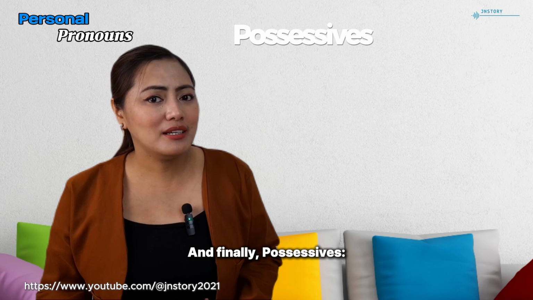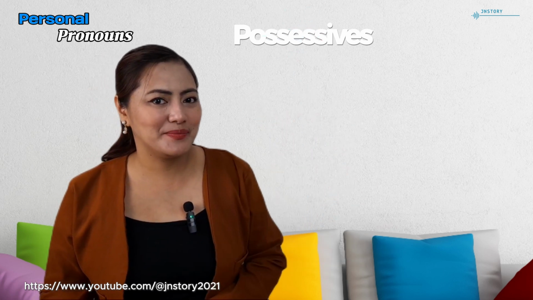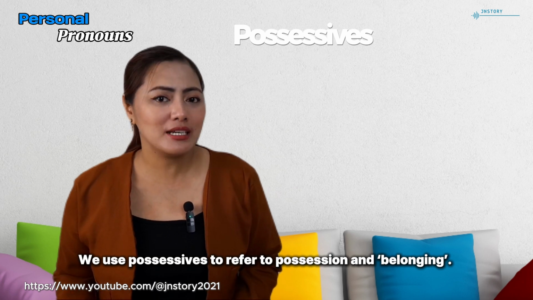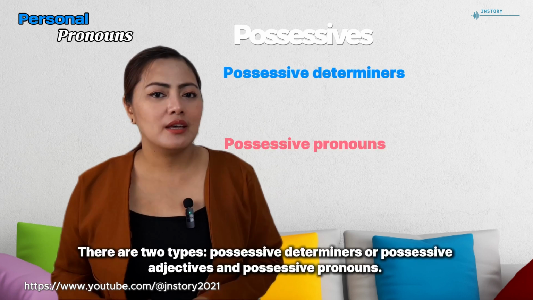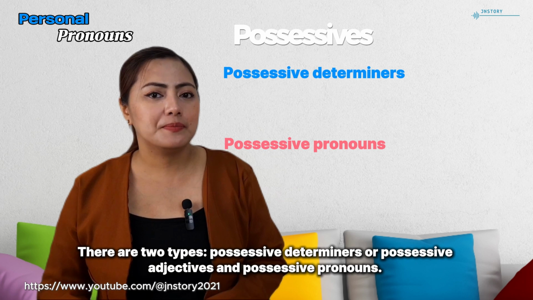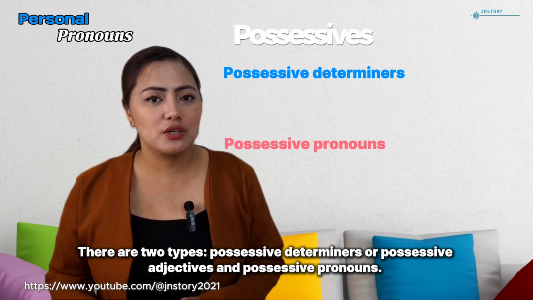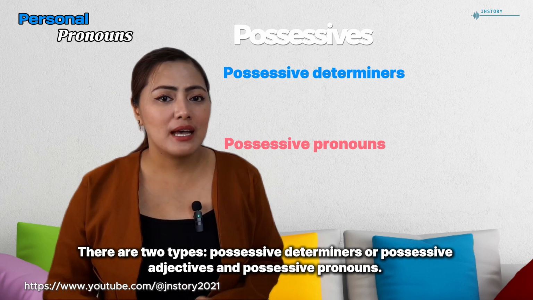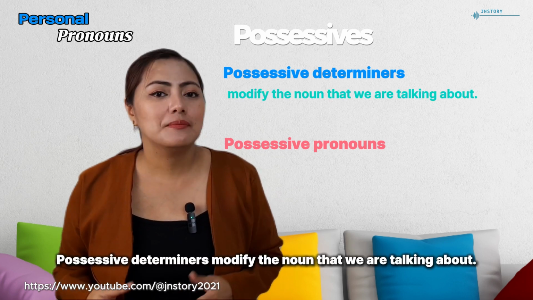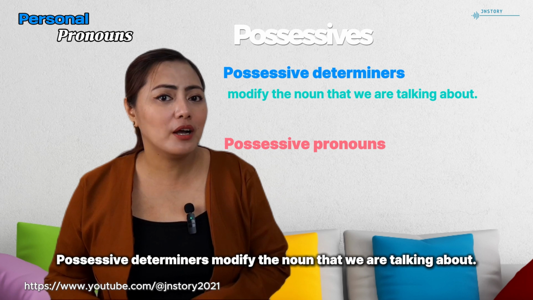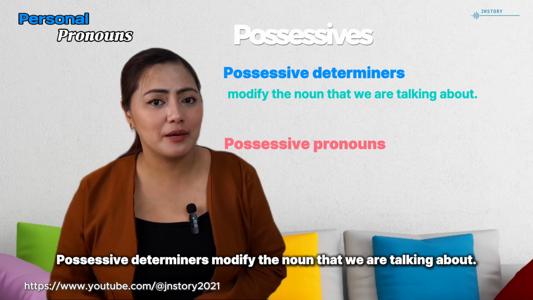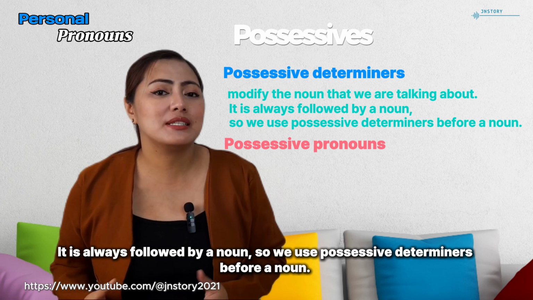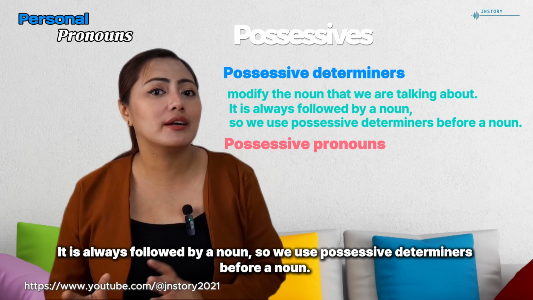And finally, possessives. We use possessives to refer to possession and belonging. There are 2 types: possessive determiners, or possessive adjectives, and possessive pronouns. Possessive determiners modify the noun that we are talking about. It is always followed by a noun, so we use possessive determiners before a noun.